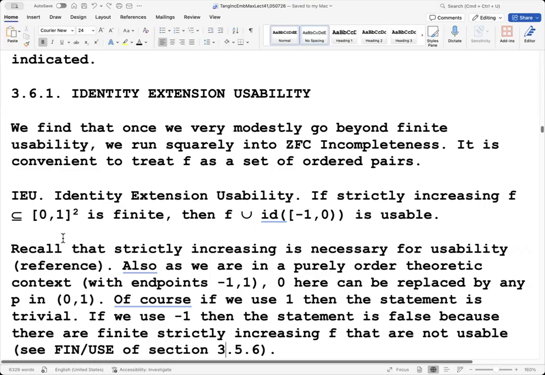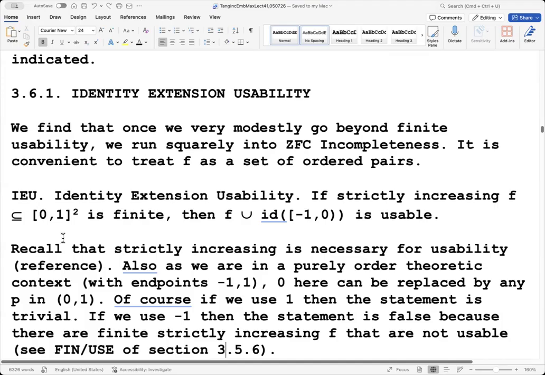If strictly increasing F contained in [0,1) squared is finite, then F union ID of [-1,0) is usable. You know, I hate to do this, but I'm beginning to think that I can make this even neater English-wise.